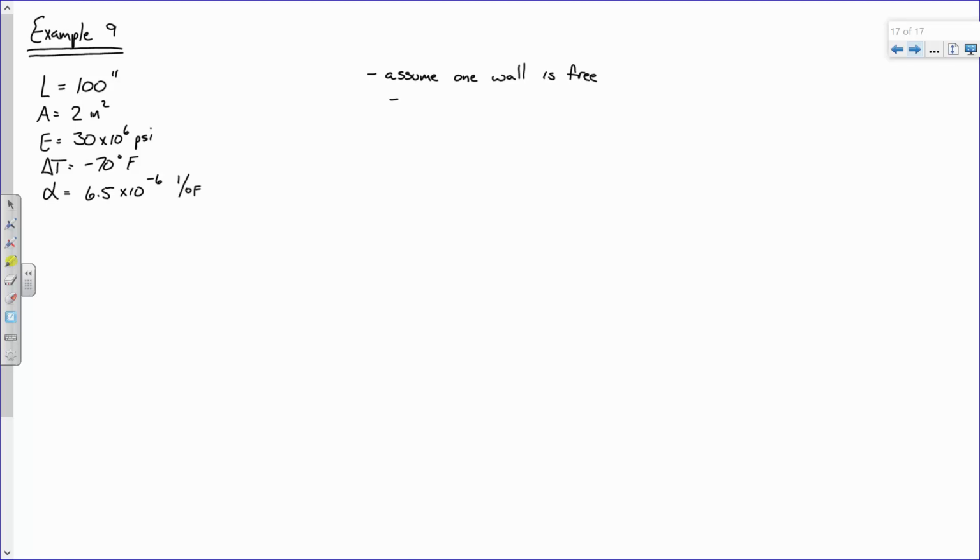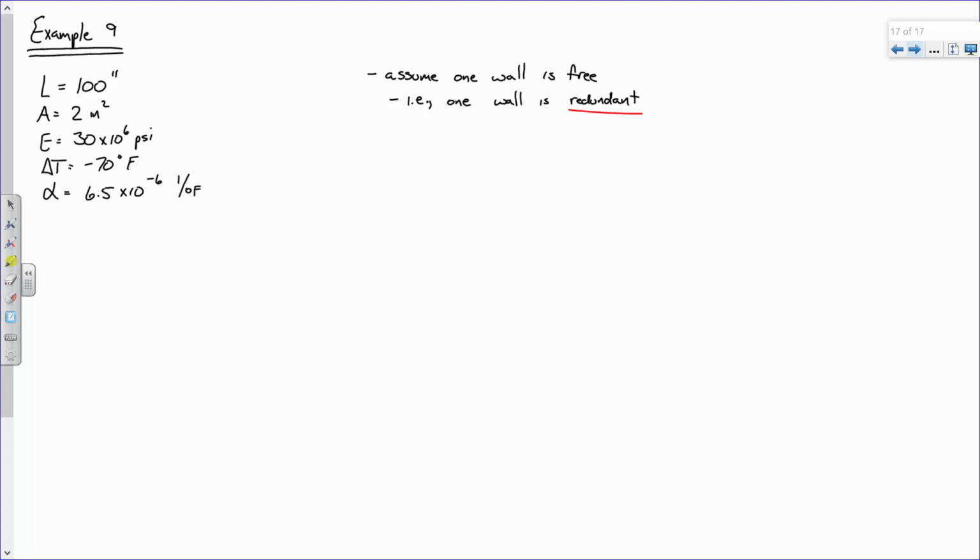And I'm going to write down here a little note because I'm going to come back to this in a second. I'm going to say i.e. one wall is redundant. Okay, and I'm going to come back to that word redundant because I want to say something about that and how it can relate not only to indeterminacy but to a problem on your homework assignment.